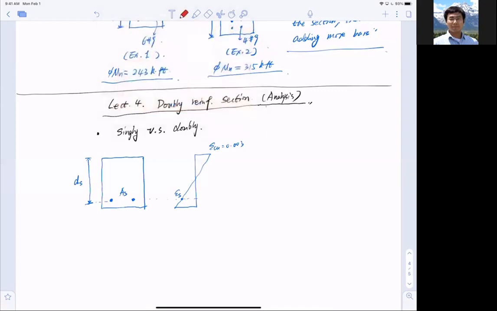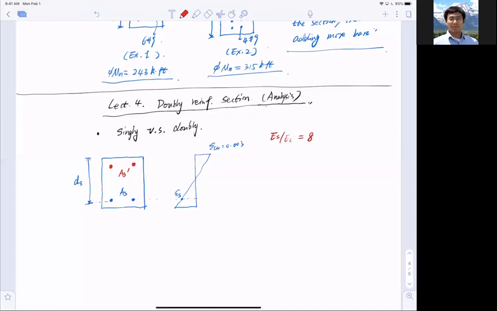But if I add another layer at the very top in the compressive zone, and I call this As prime, now imagine what happens. First of all, let's think about it. We said this before: Es over Ec, the Young's modulus of the steel versus the Young's modulus of the concrete, is roughly equal to 8.